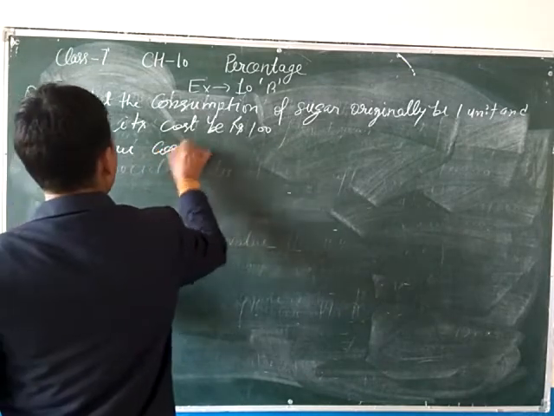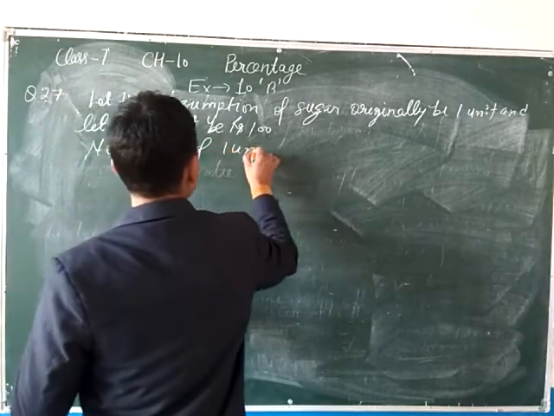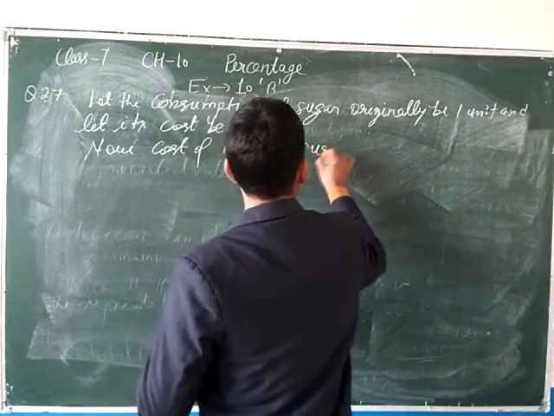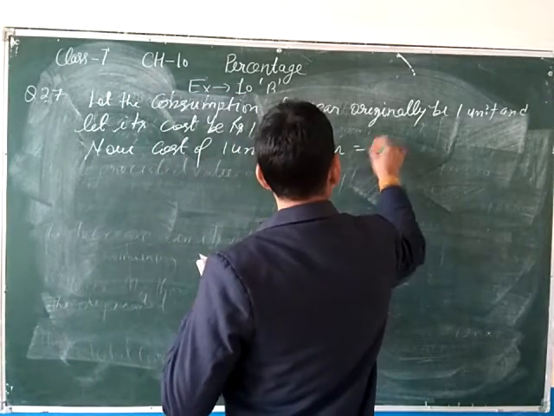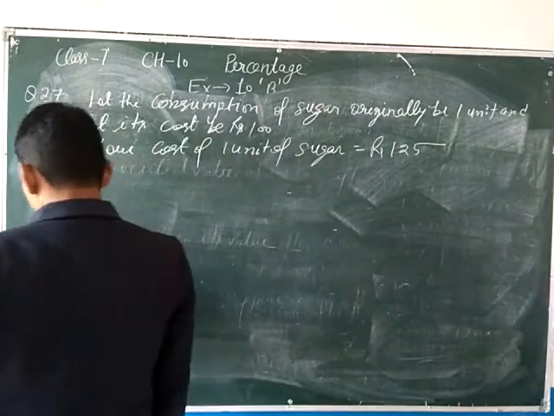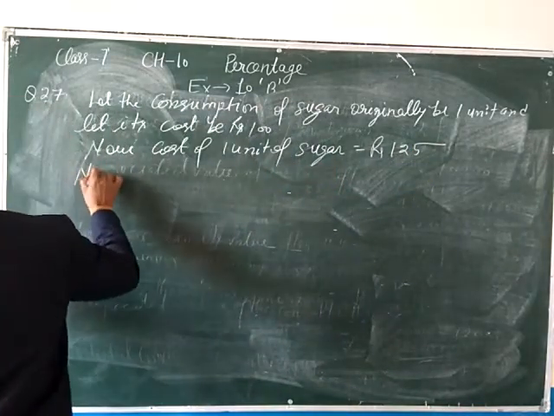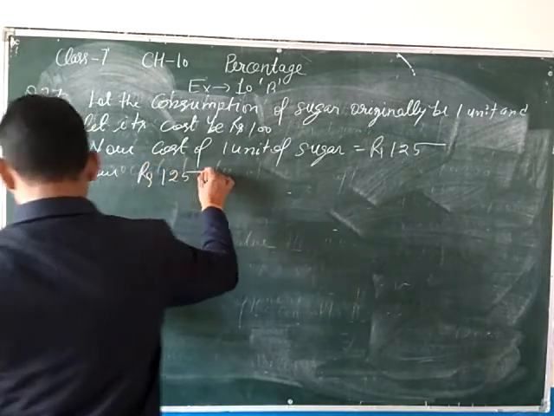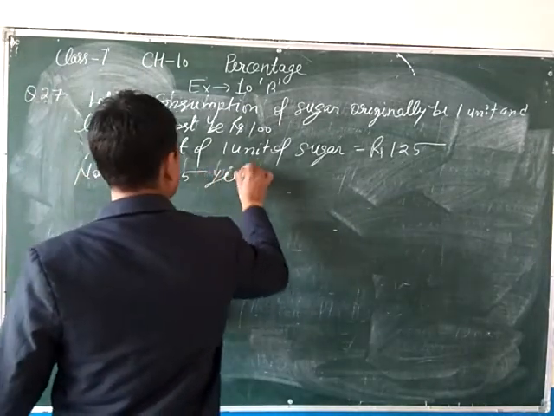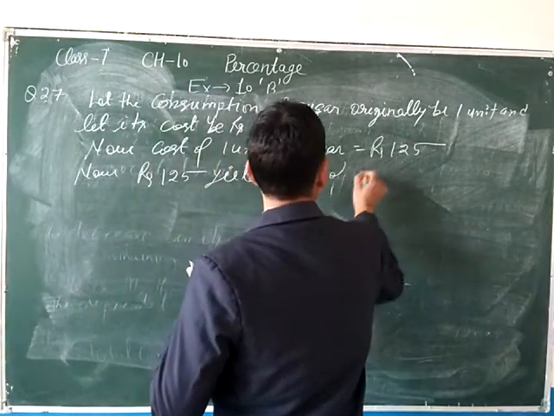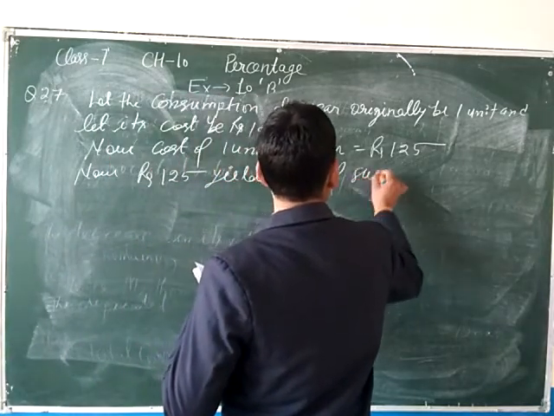Now cost of 1 unit of sugar equals 125 rupees. 125 rupees yield 1 unit of sugar.